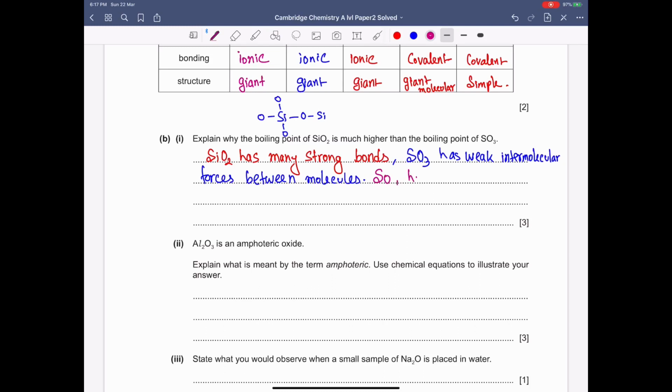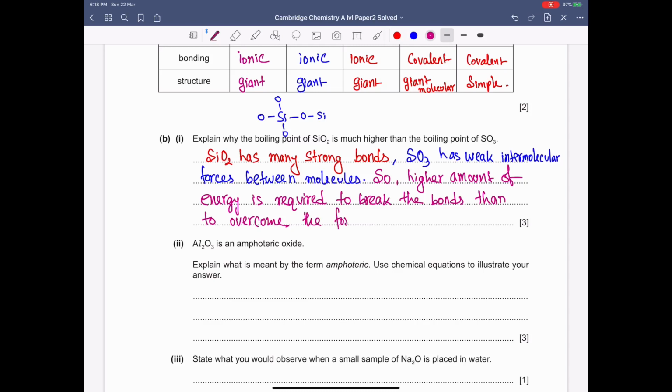So a higher amount of energy is required to break the bonds than to overcome the forces between molecules.